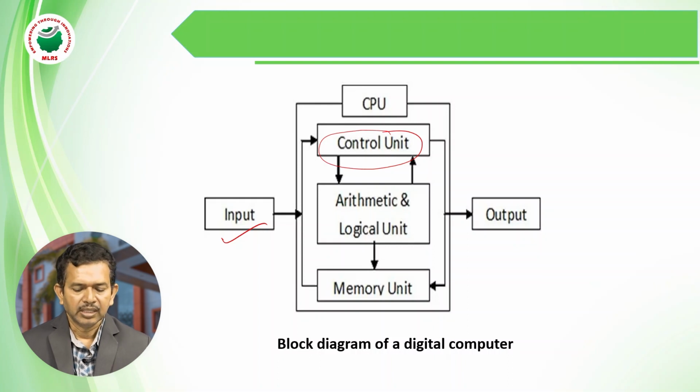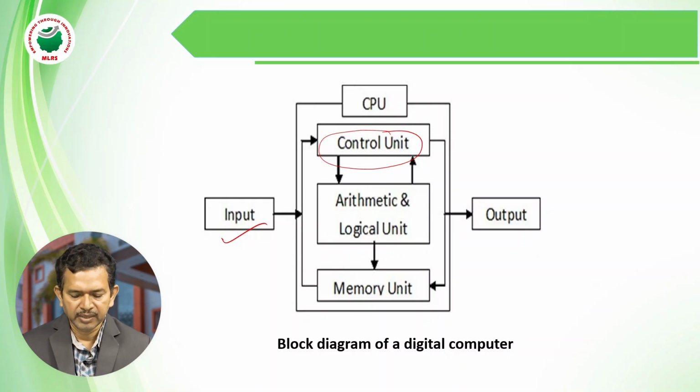So in that way, all the basic components of a digital computer work with one another and process the data and give the output in the form of a monitor, a printer, or any other type of device we are using. So all five components play a very important role.